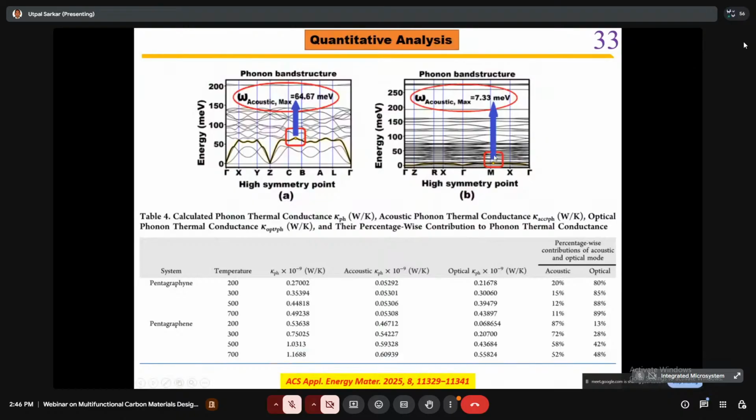These are the acoustic modes, 3 acoustic modes. The highest acoustic mode frequency is almost 7.33 meV, which we will try to find in our transmission spectra. And this is the phonon band structure of pentagraphene. This is penta.